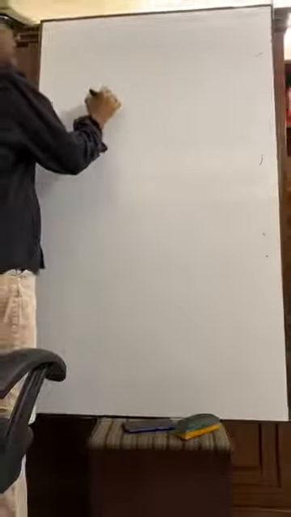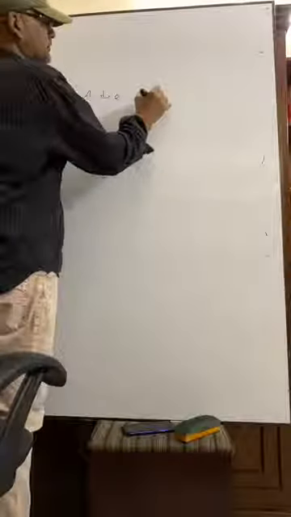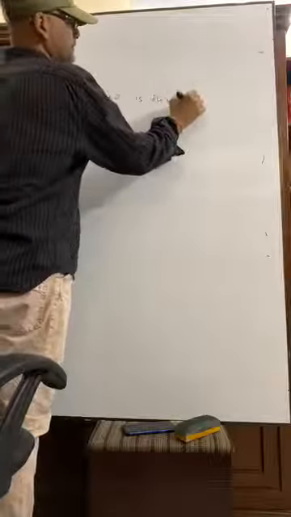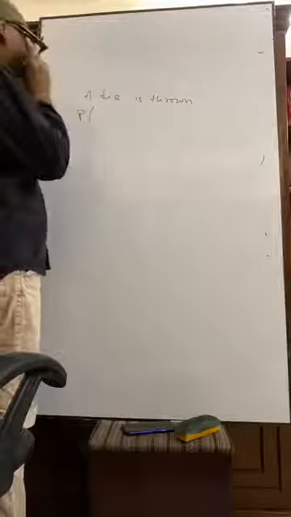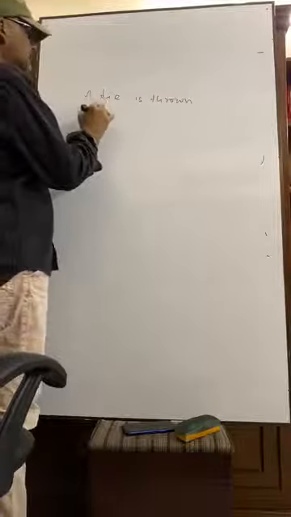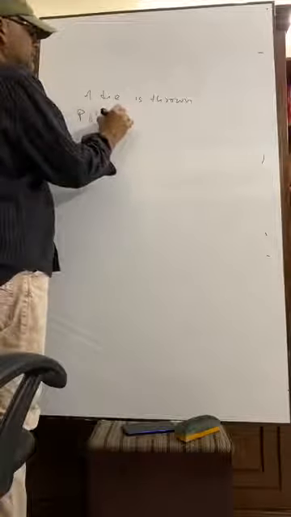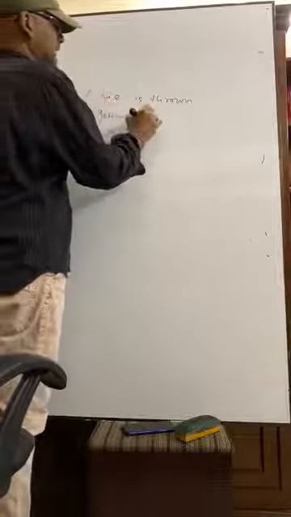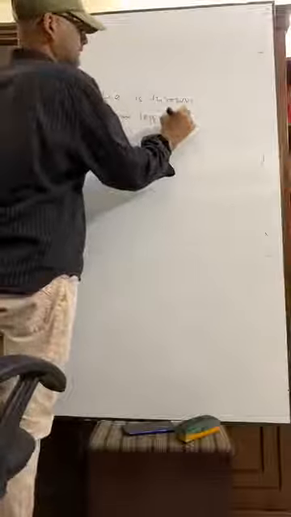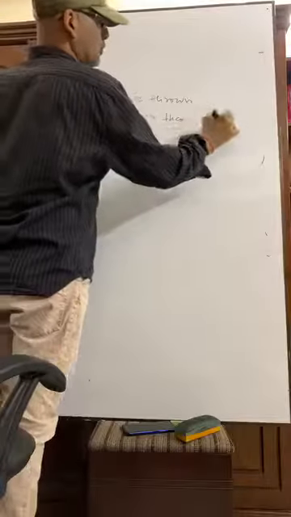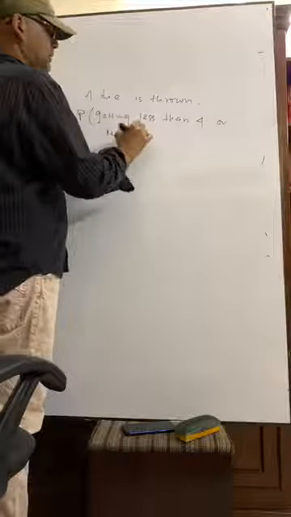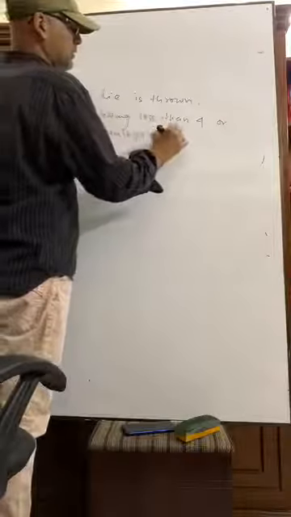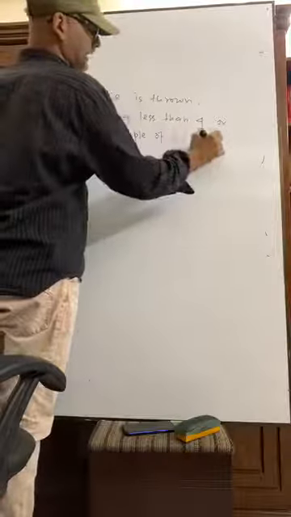Suppose a die is thrown. Probability of getting less than 4 or multiple of 2 equals to what?